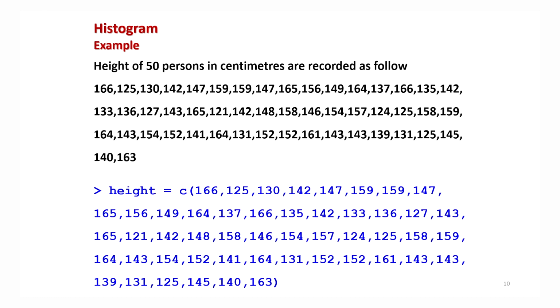Now, let me give you an example, so that I can illustrate that it is not difficult at all to create a histogram. I have collected the data of 50 persons, and their heights in centimeters are recorded as follows, and this data has been stored in a data vector height, right.